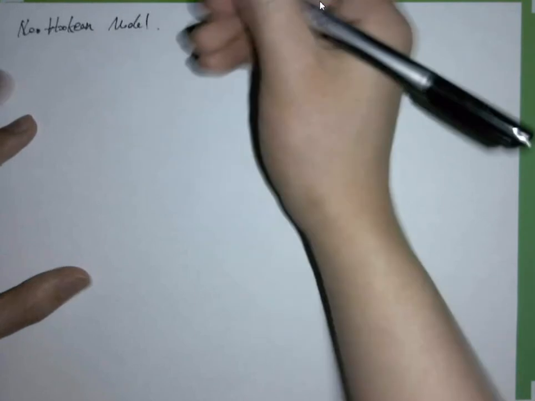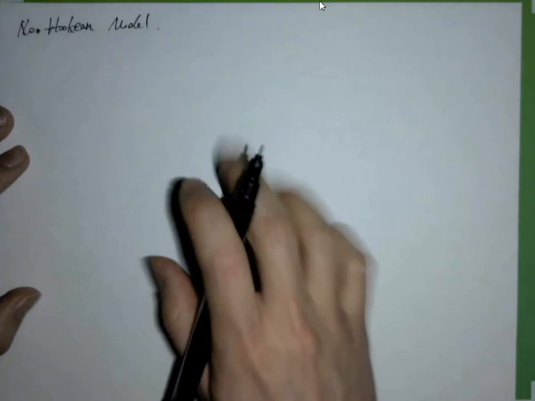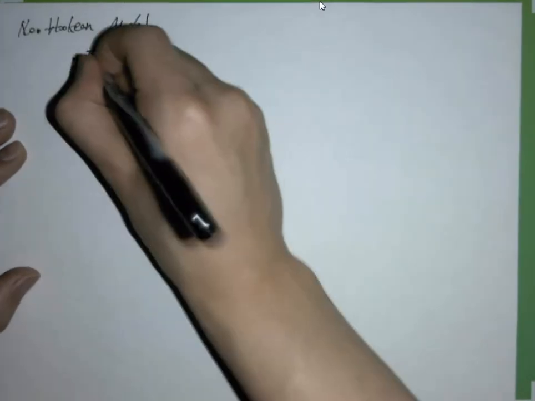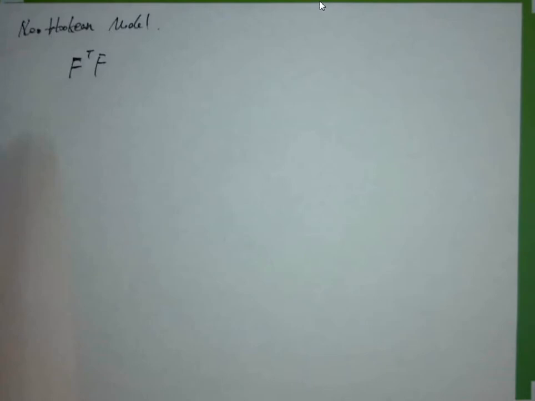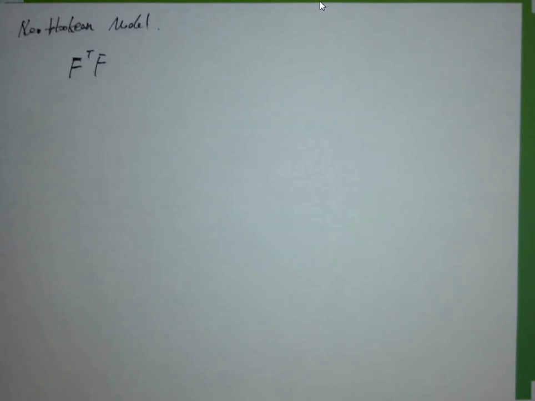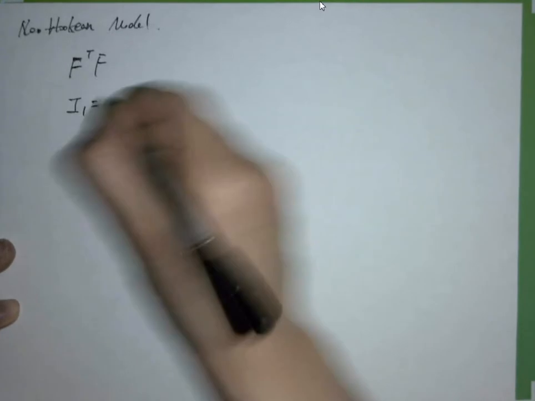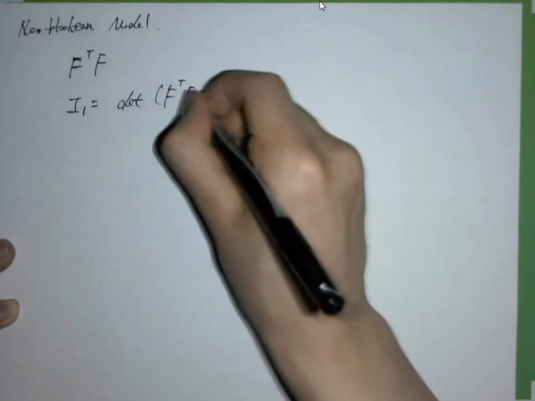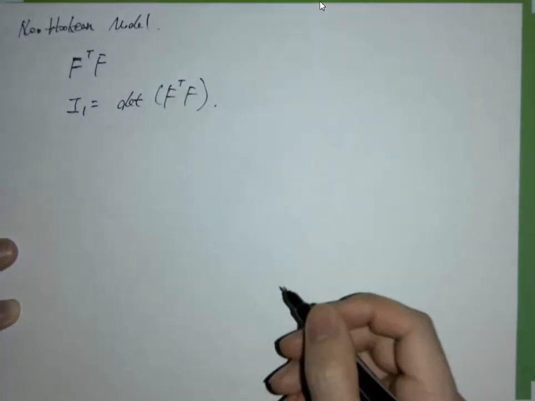In order to get a rotation invariant term, we do something like F transpose F. This one is rotation invariant, although it's also reflection invariant, let's just put it here. The Neo-Hookean model measures the strain with something like I1 equals the trace of F transpose F, and when F equals identity, this equals 3.